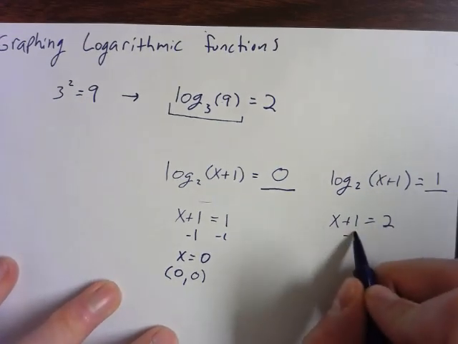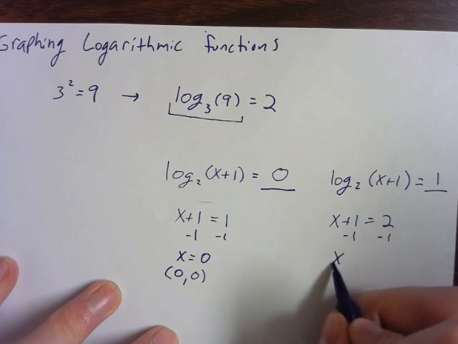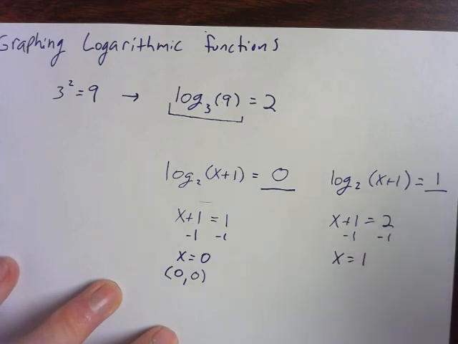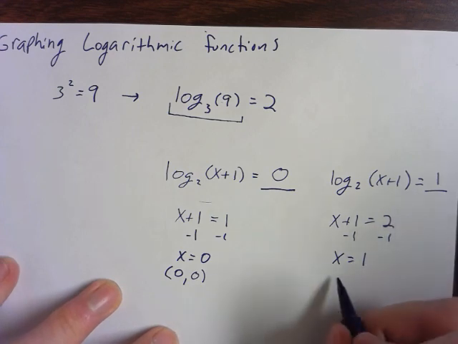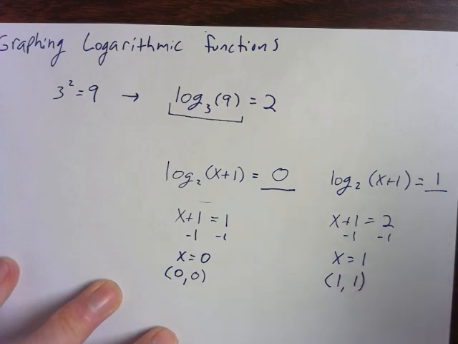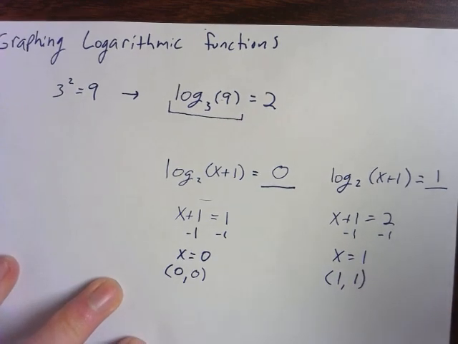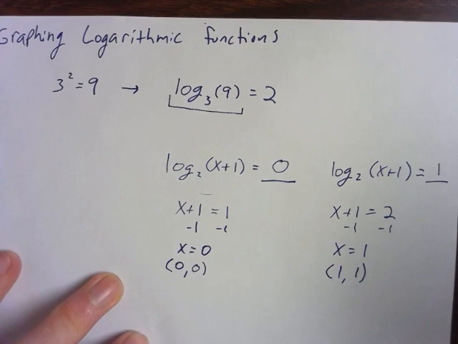Solve for x, subtract 1, so I have x equals 1. So when x equals 1, y equals 1, and I'll have an ordered pair at 1, 1. It doesn't always work out this nicely, but that's pretty convenient for our first one of the day.